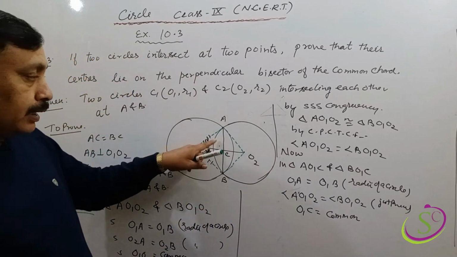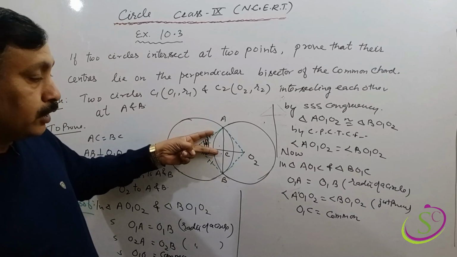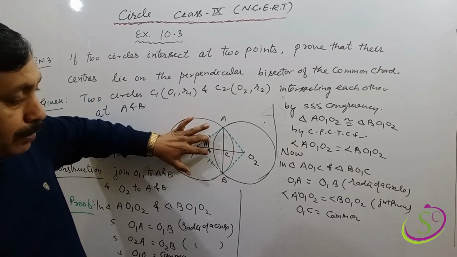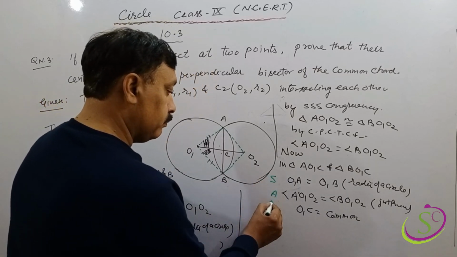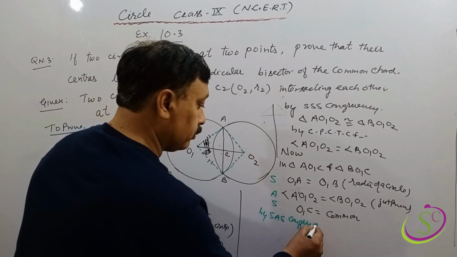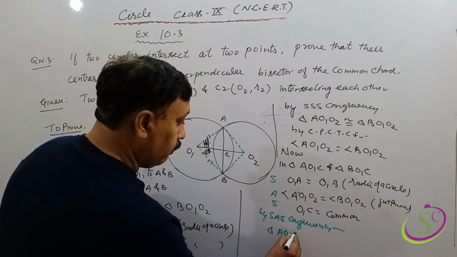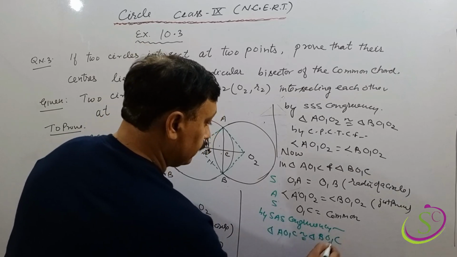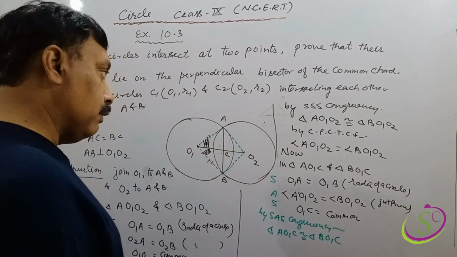Just see, in this triangle two sides are equal to the corresponding sides of this triangle, and the angle between them is also equal. So by SAS congruency, clear? Triangle AO1C is congruent to triangle BO1C, means these two triangles are congruent, we have proved.